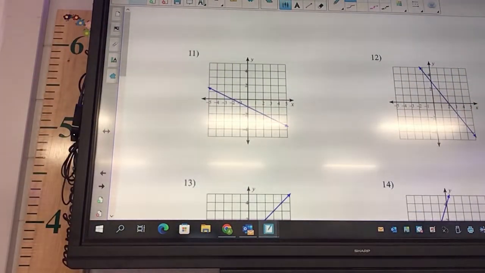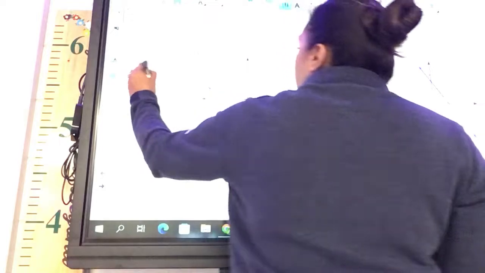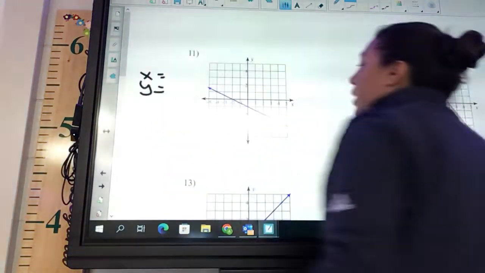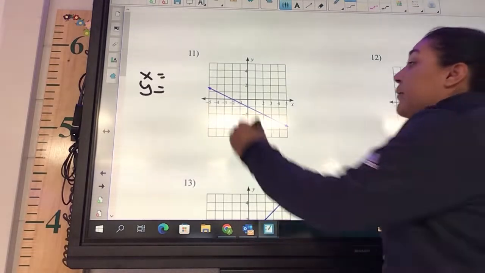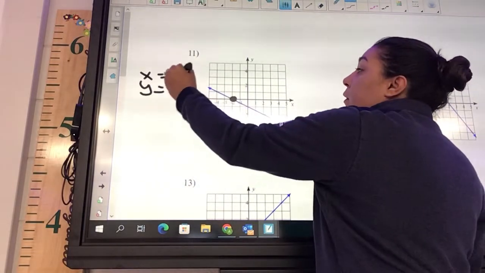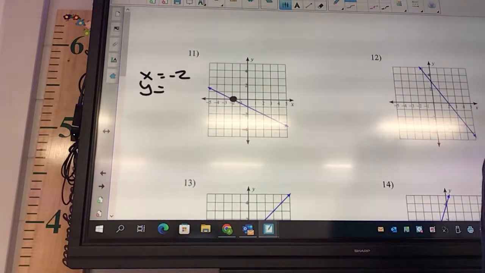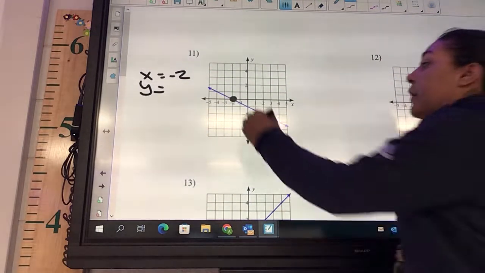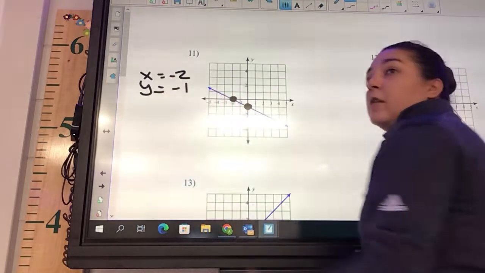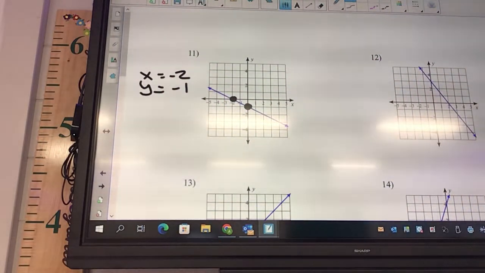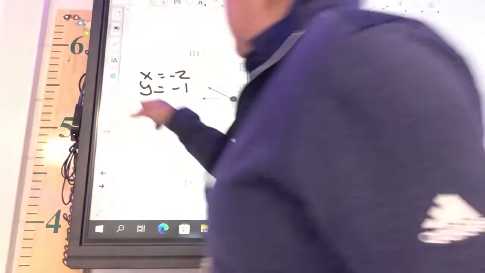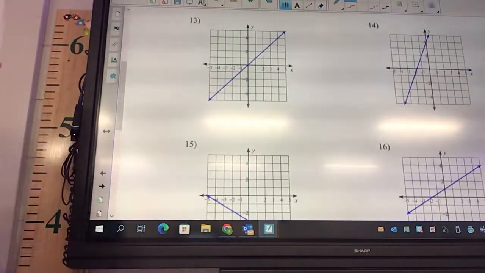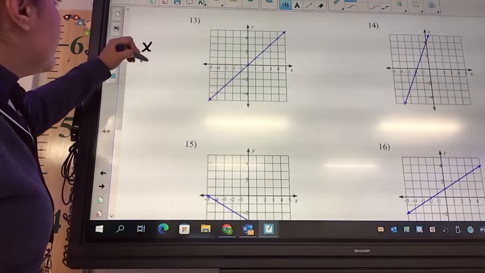Okay, 11. We're going to say x and y. What is our x-intercept? -2. What is our y-intercept? -1. Okay, 13.